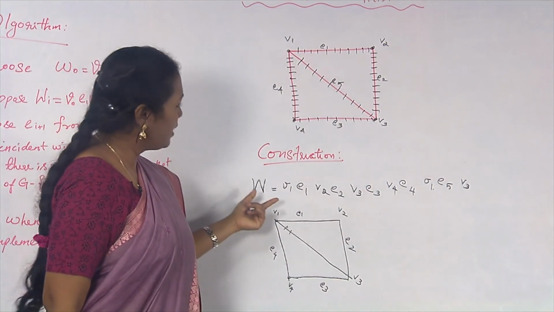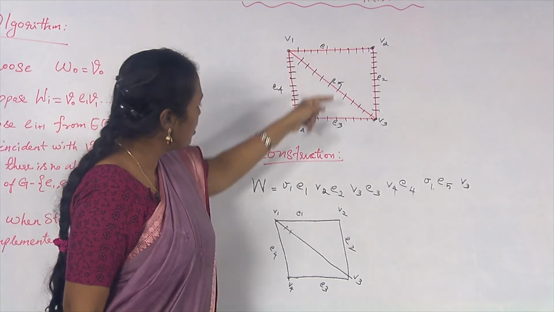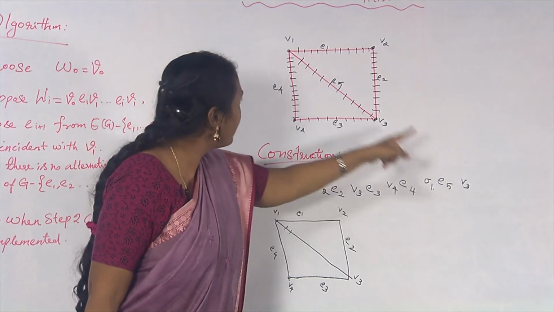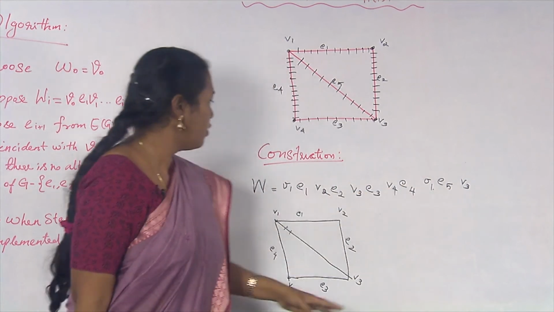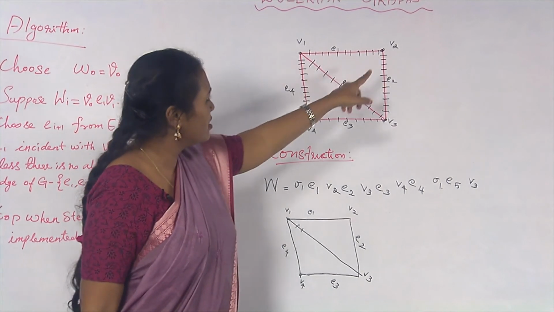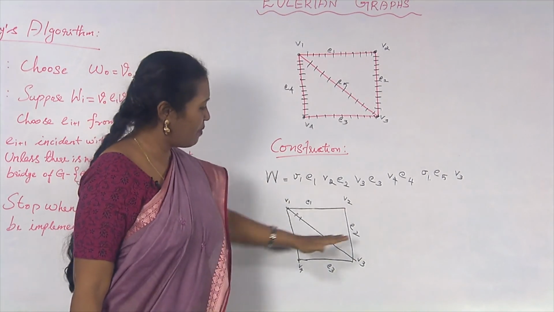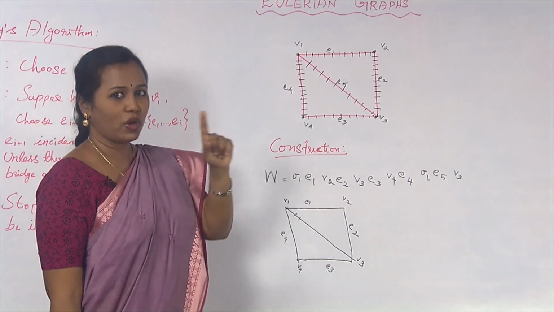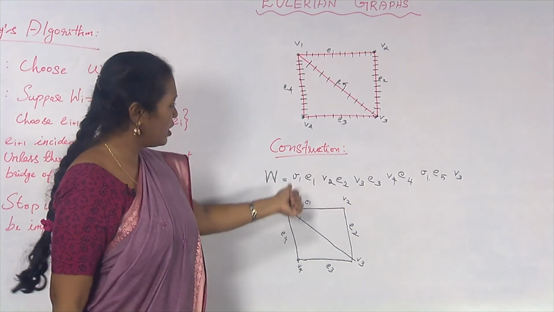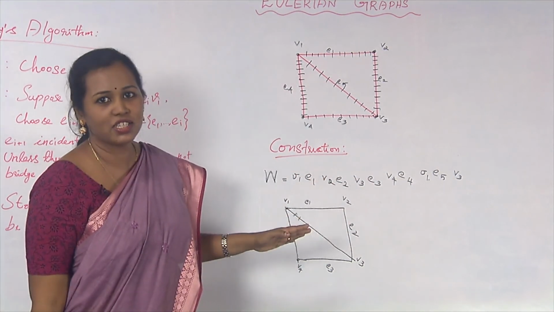I have completed the trail: V1, E1, V2, E2, V3, E3, V4, E4, V1 back once again, and then finally E5 and V3. You can very clearly see that although we have covered all the edges using this algorithm, there is one small catch here. You have not ended at the point where you started. Here there is V1, but you have ended at V3, which means that this is not an Eulerian circuit.